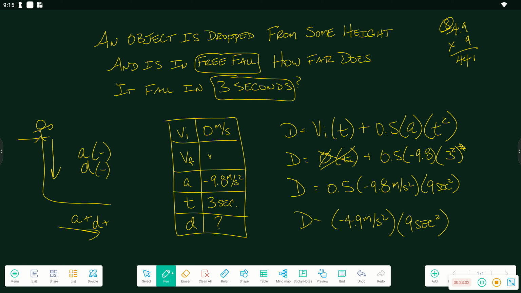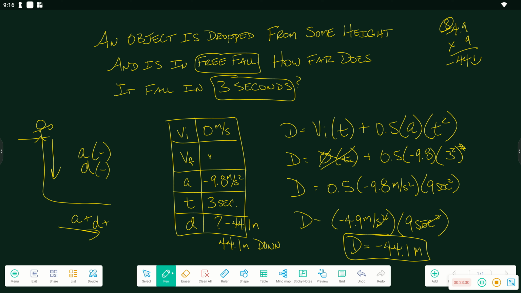It's going to be negative. It's negative 44.1. D equals a negative 44.1 meters because the seconds squared cancel out. And that's your final answer. Your displacement is negative 44.1 meters, or 44.1 meters down, because down is negative.